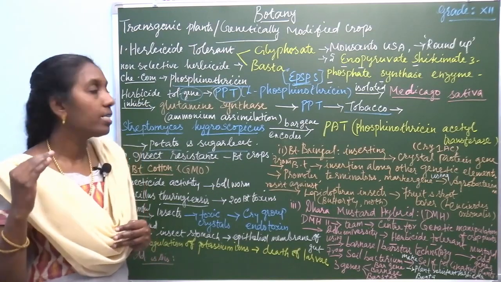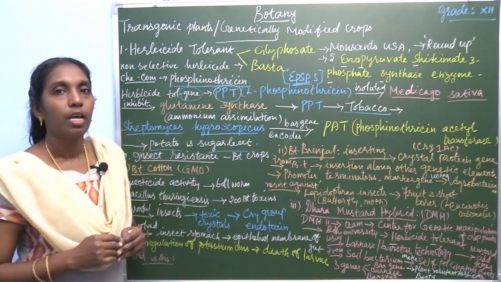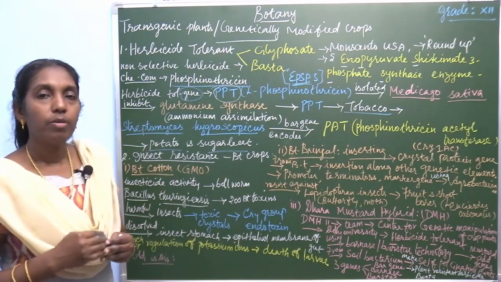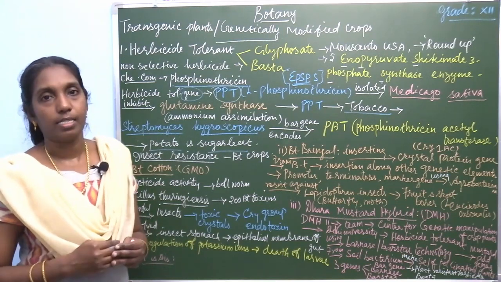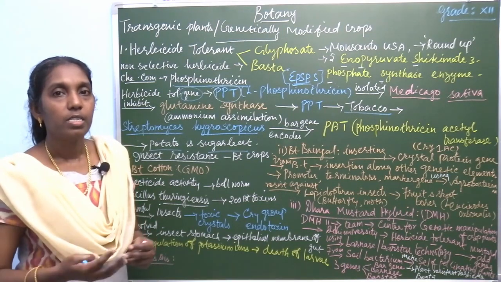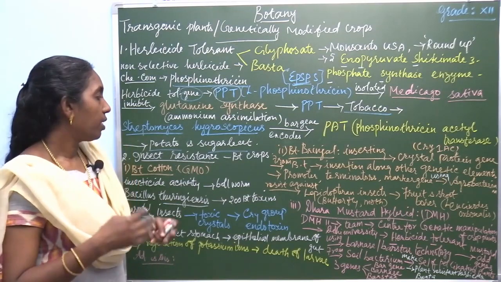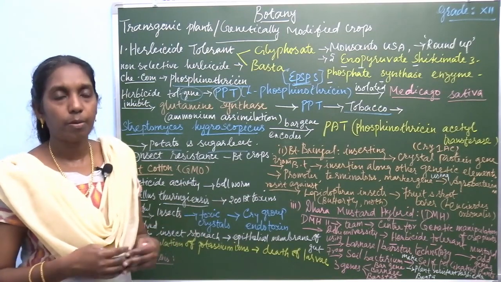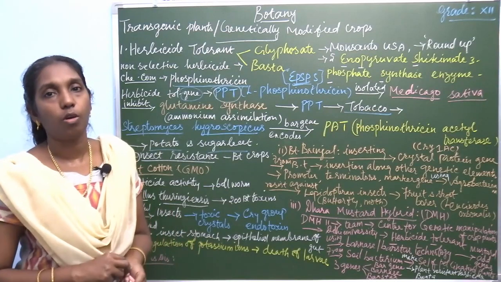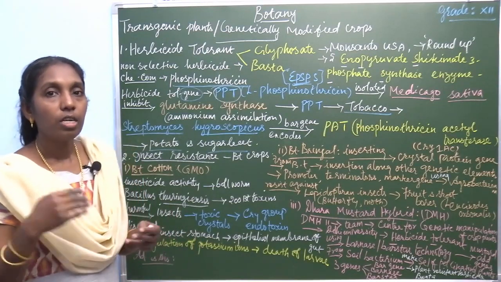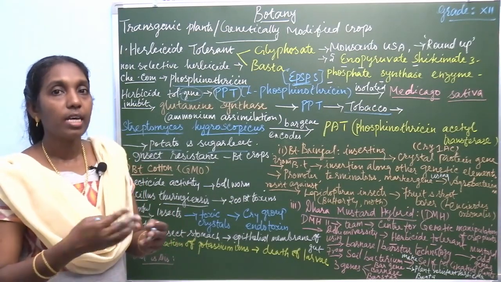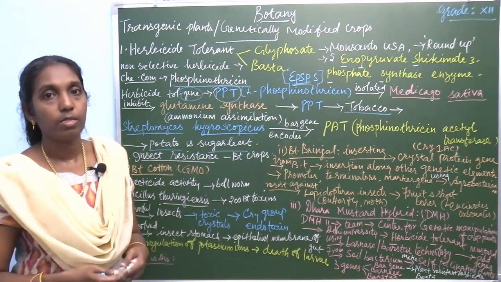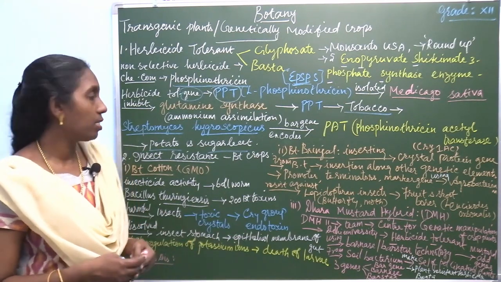Now insect resistant varieties. Another important problem in the crop field is insects. Insects like pests, worms, butterflies, beetles, so many insects which affect the crop. It not only affects the crop, it sometimes spreads diseases; some kinds of insects spread diseases.